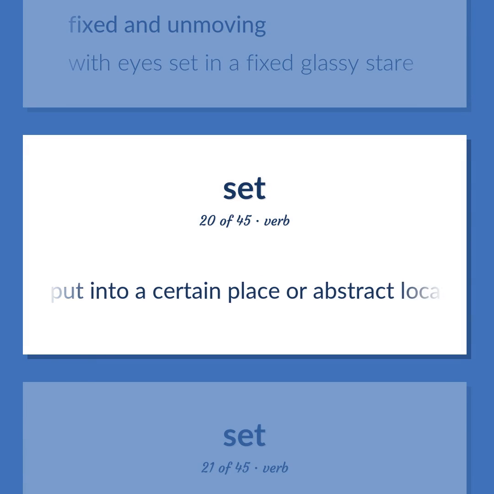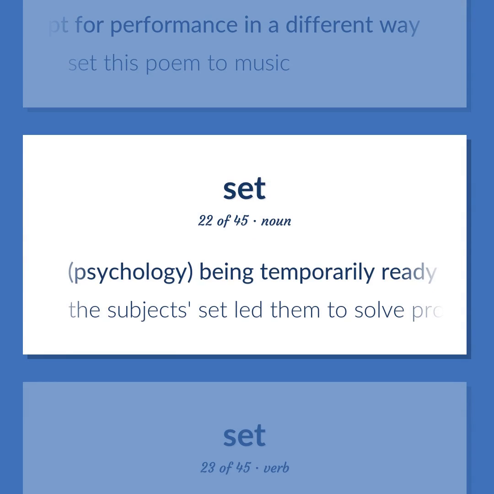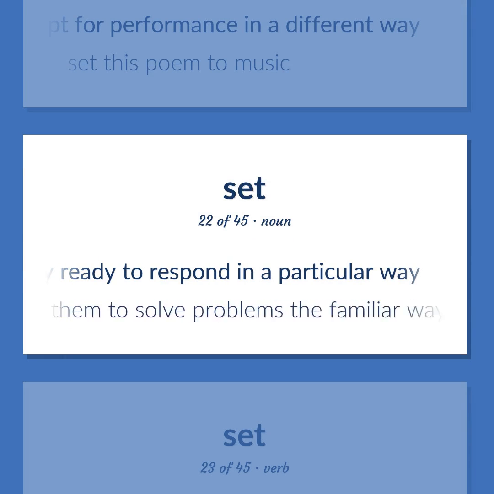Put into a certain place or abstract location. Adapt for performance in a different way. Set this poem to music. Psychology, being temporarily ready to respond in a particular way. The subject set led them to solve problems the familiar way and to overlook the simpler solution.